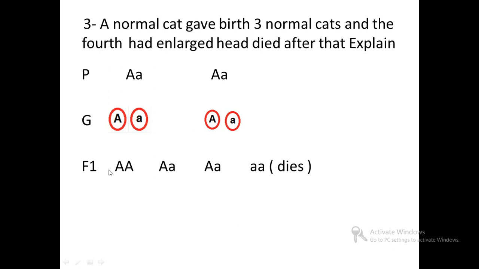Which one will die, A capital or A small? According to the ratio: if the ratio is 2 to 1, capital dies; if the ratio is 3 to 0, small dies. The ratio here is 3 normal cats and the fourth dies, so 3 to 0, 1 phenotype produced, 3 normal. So the one who dies is small, 3 normal to 0.